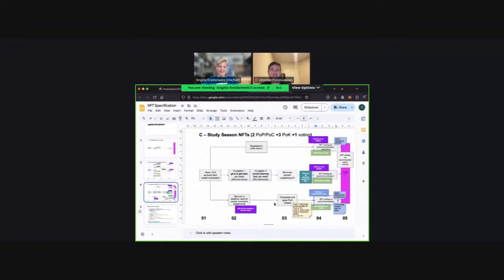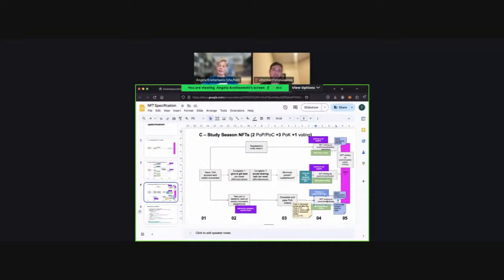And looking at these different criteria to receive an NFT, I think you maybe already have first ideas on the weight that should be associated to these NFTs, the voting power.